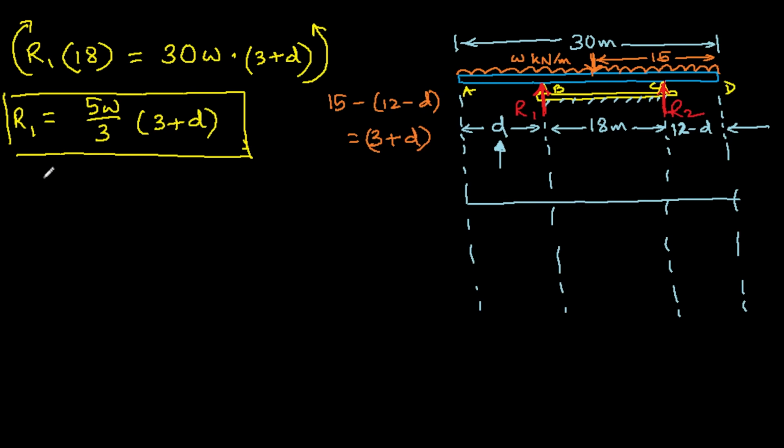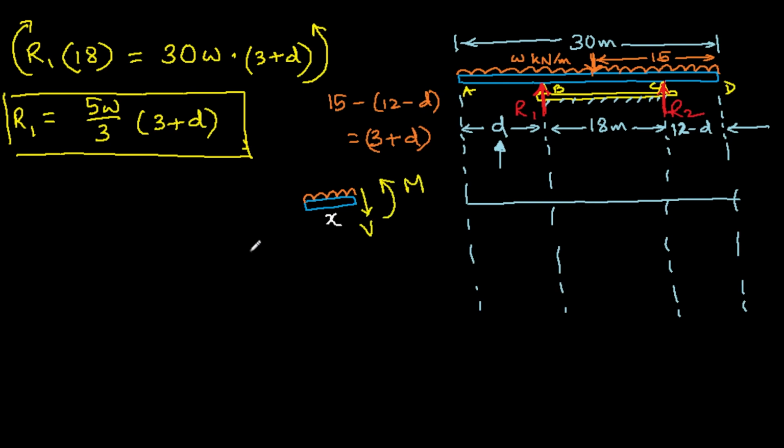Let me take a free body diagram of a small portion like that. There is the weight, and suppose this distance is x, and as usual our positive directions are V and M.